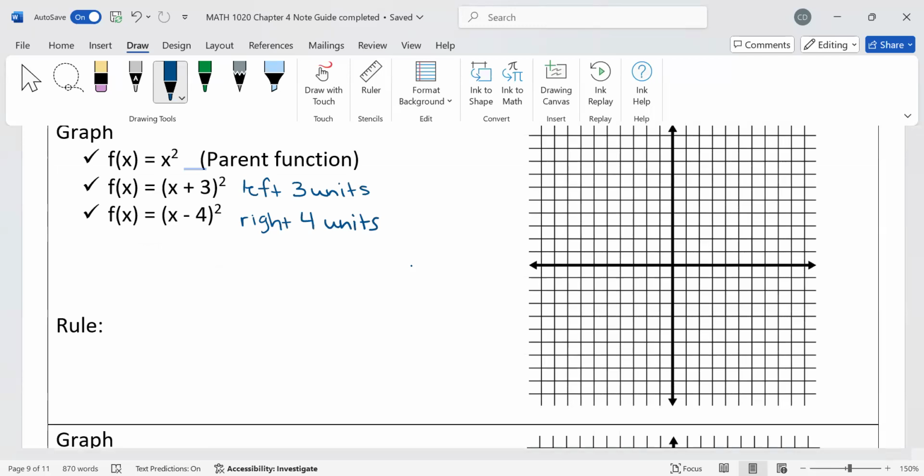All right, so if you're inside the function, you are going to have a left-right movement. Or you could put shift. And it's going to be the opposite direction of the sign.